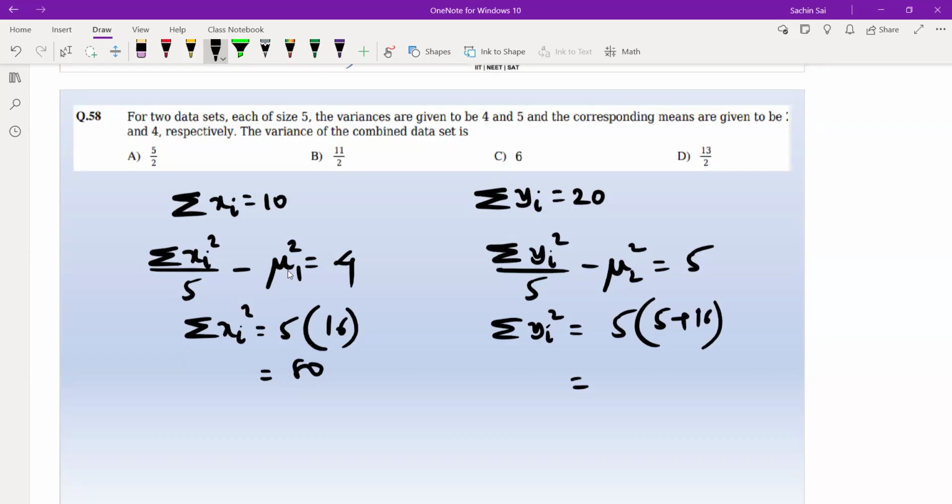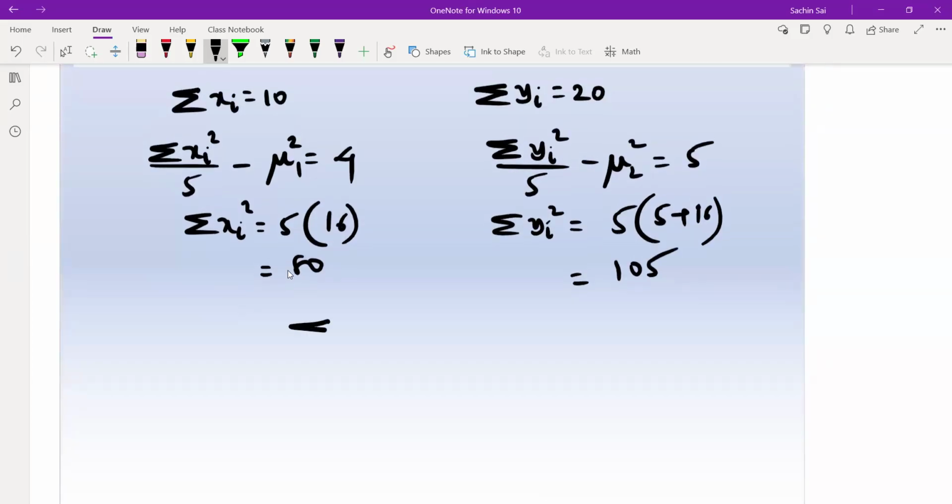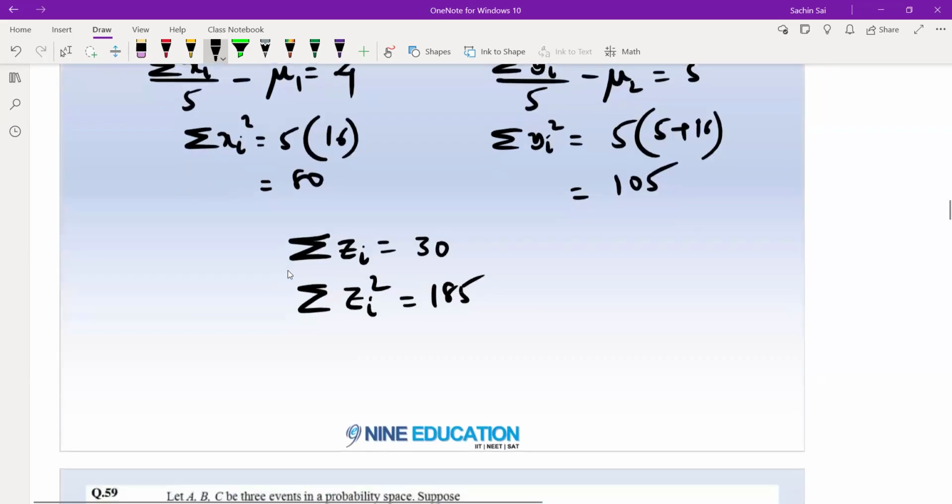So this will be 5 times 21, that is 105. Which means for the combined data set, the sum of all the observations will be the sum from the first set plus the sum from the second set. This is 30. And for the combined data set, the sum of the squares of all the observations will be 185.